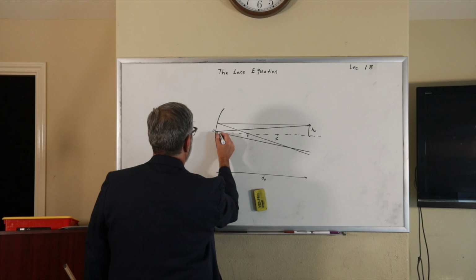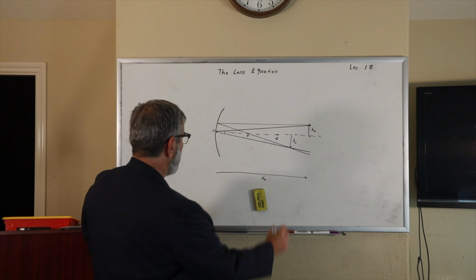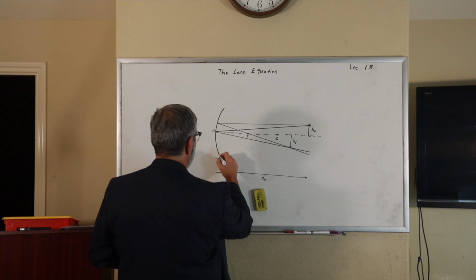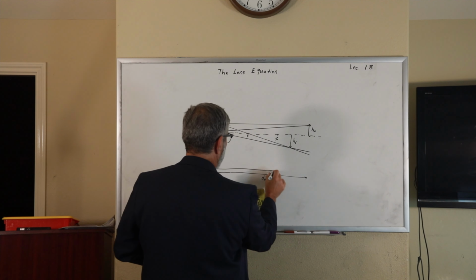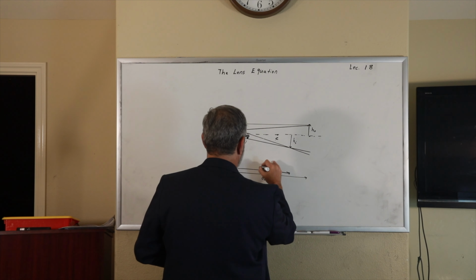Penciling the optic axis again, about like that. Right, so this angle and this angle are the same under the law of reflection. This point here will be the image plane, and I will get an object that has the image height, HI. And it will be a distance from the pole, DI.